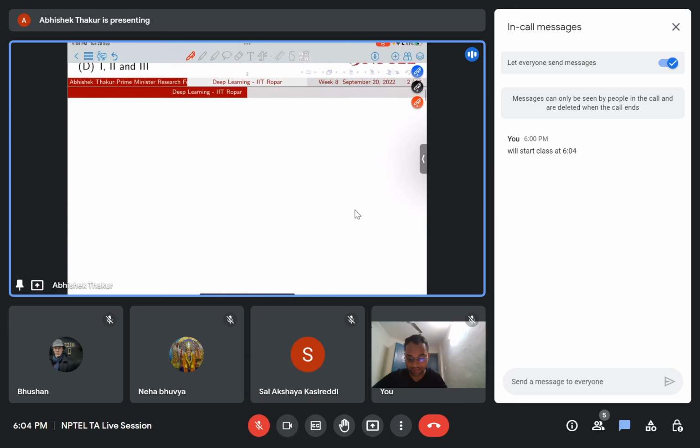Before that, we will see what the formula for delta W is. We all know our update rule is given as this. And this gradient of W, that depends on the input.